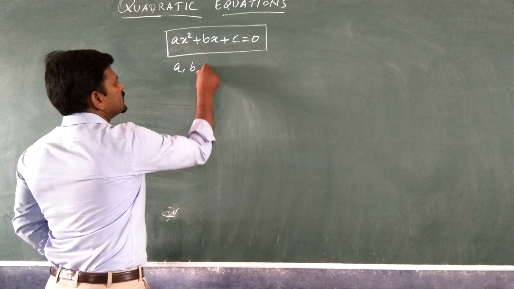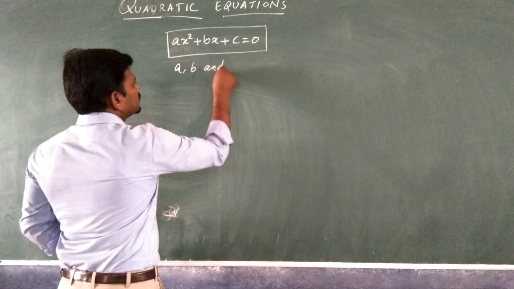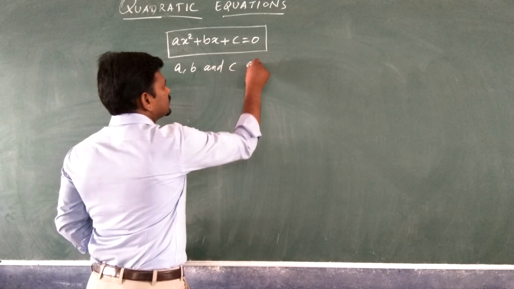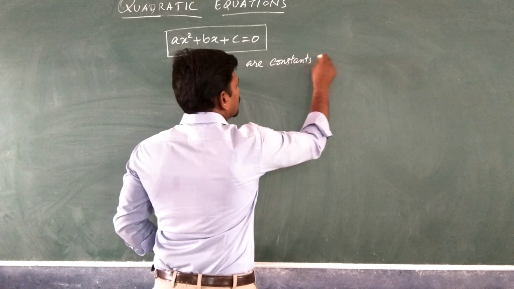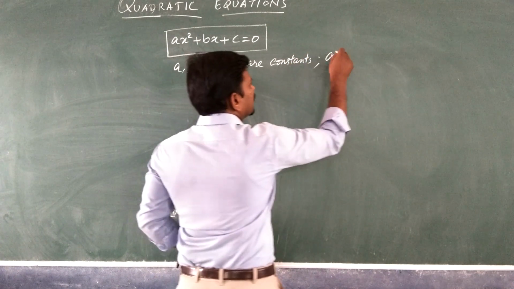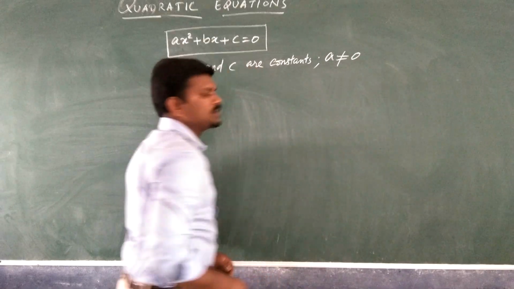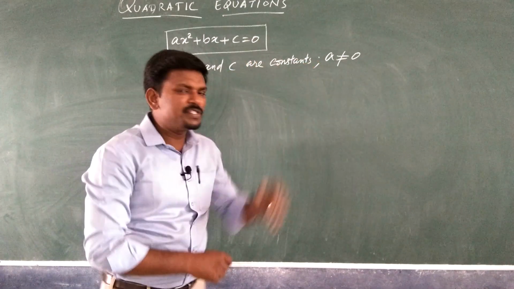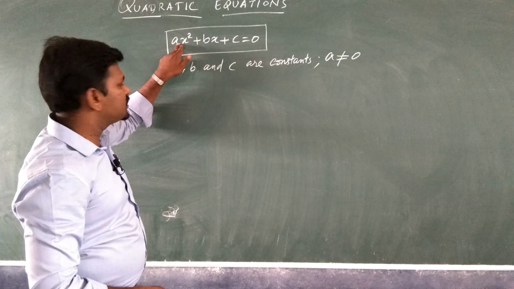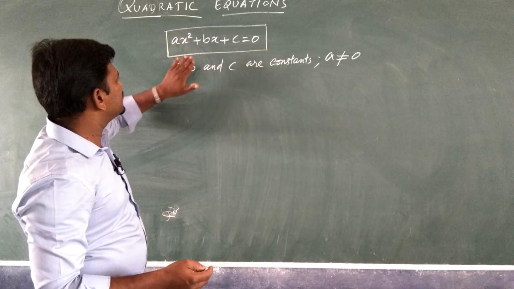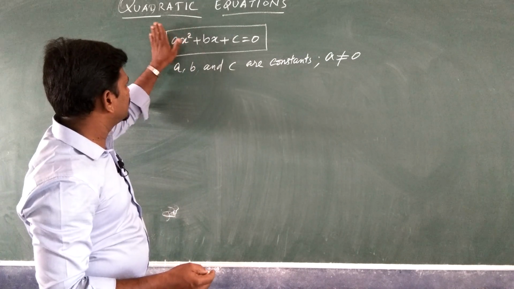a, b and c are constants and a is not equal to 0. Why a should not be 0? Because if a is equal to 0, what will happen?